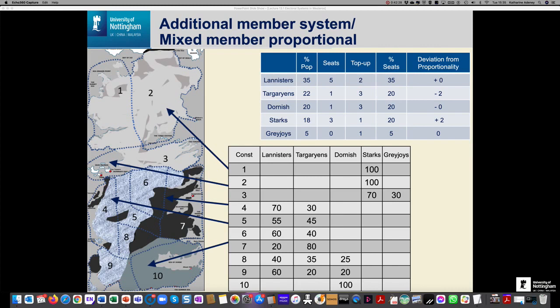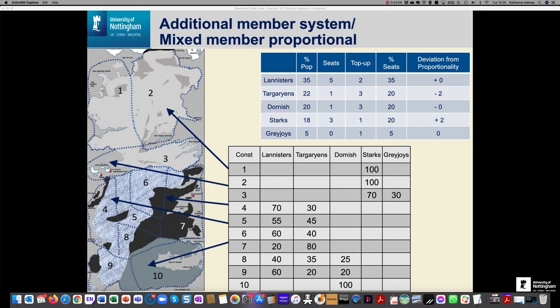But on the second ballot paper is a list of parties, or families in this case, who want seats in Parliament. You vote for a party who has a list of candidates that they publish in advance. And a vote for a party, or a family in this case, is to make more of that list of candidates into MPs.